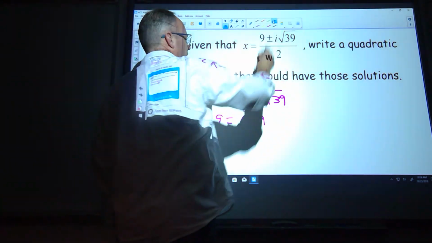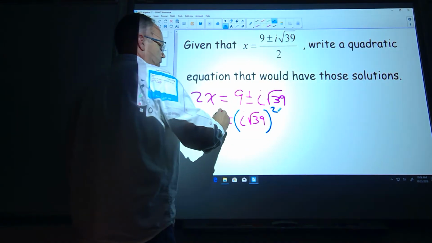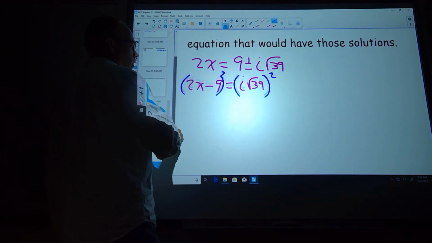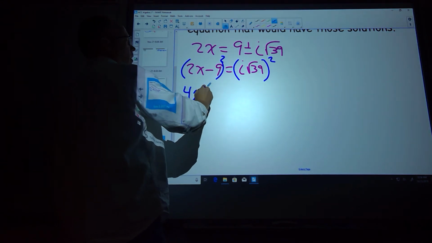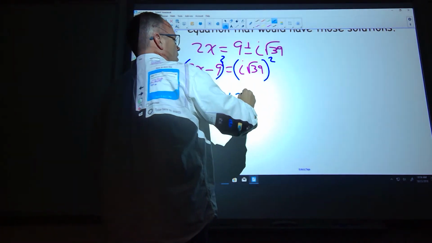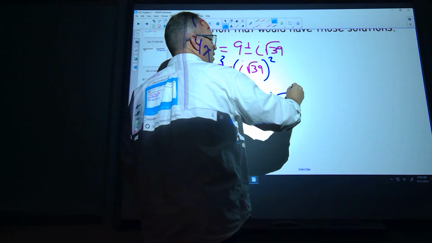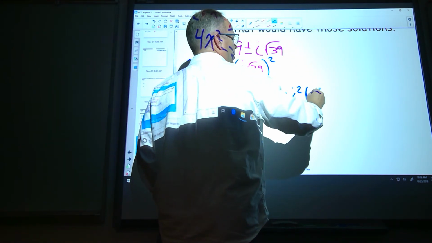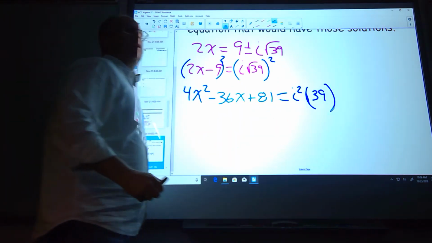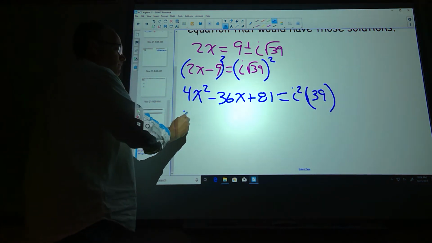I don't like this, so I'm going to square it. I don't like this, so I'm going to square it. So that's going to give me 4x squared, 36x, plus 81 equals i squared. Oh, we learned what i squared is, didn't we? Not 1. Negative 1.